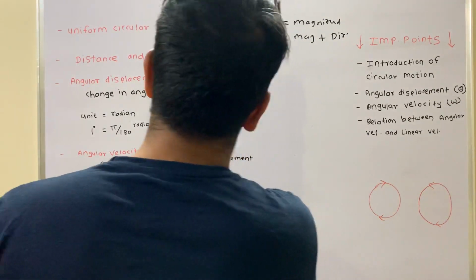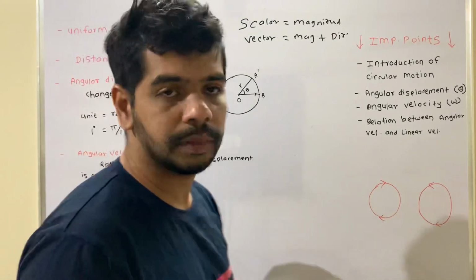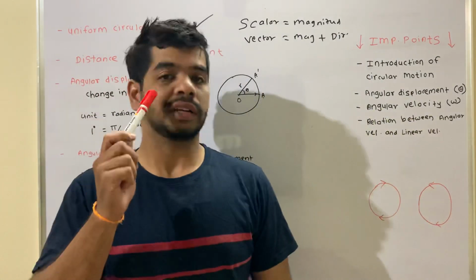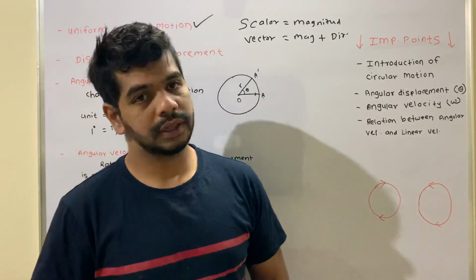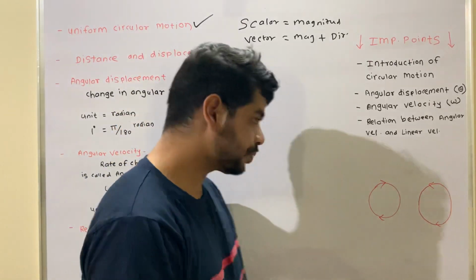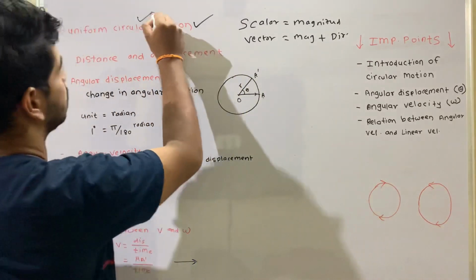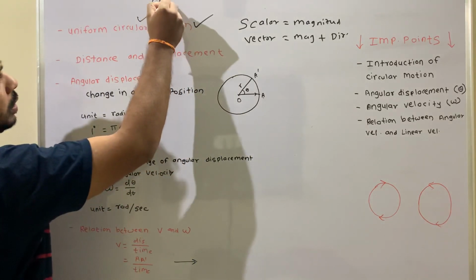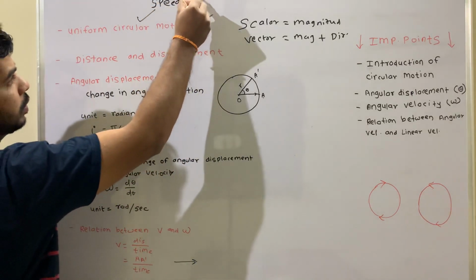So we are discussing the uniform circular motion. Just keep in your mind, in uniform circular motion, we have constant speed.